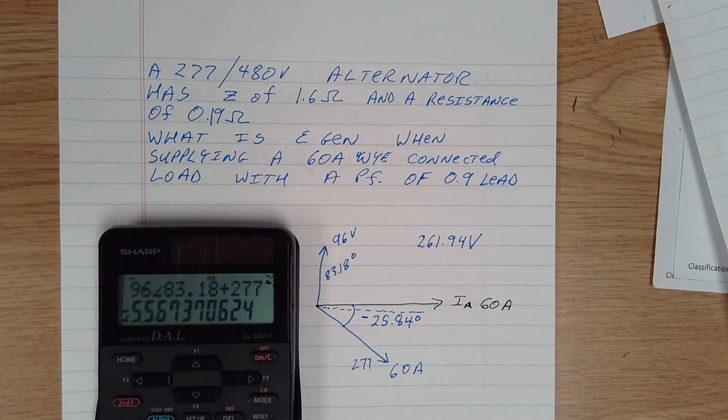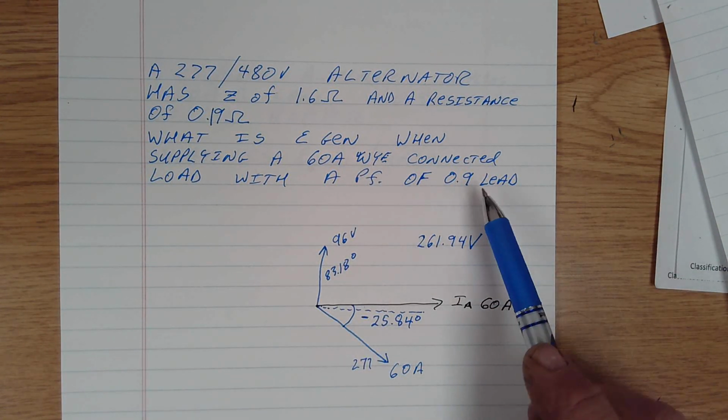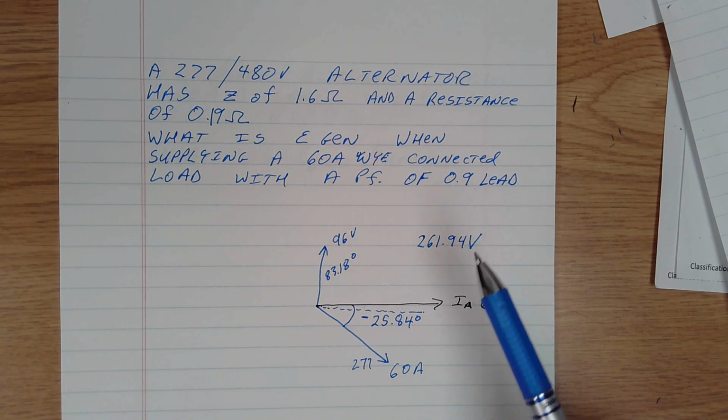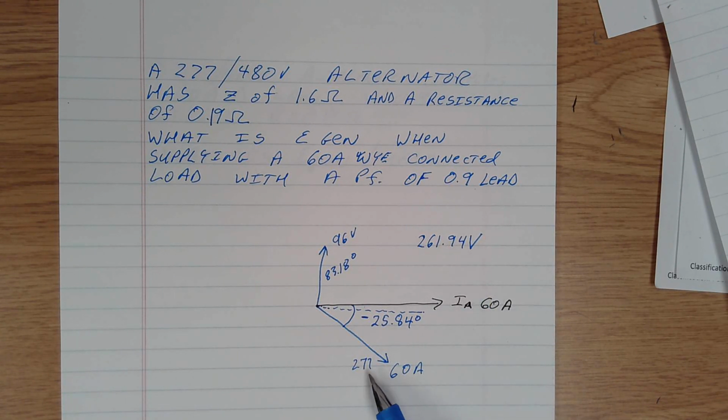Okay, so with our lagging voltage, when we had this connected to a lagging, still the same current, but when our load was 0.9 lagging, we needed to generate 338.59 volts to give us our 277 volts of output voltage.